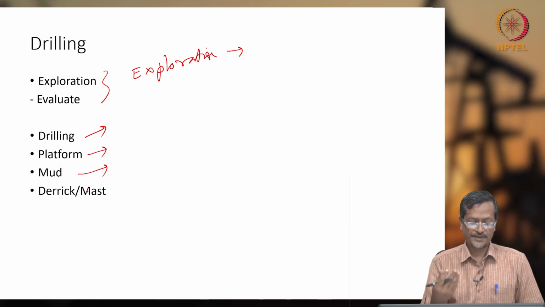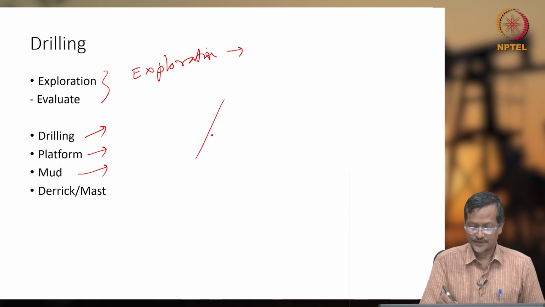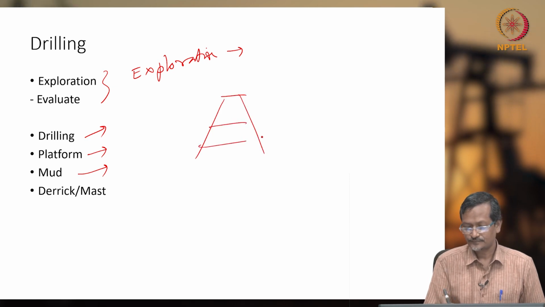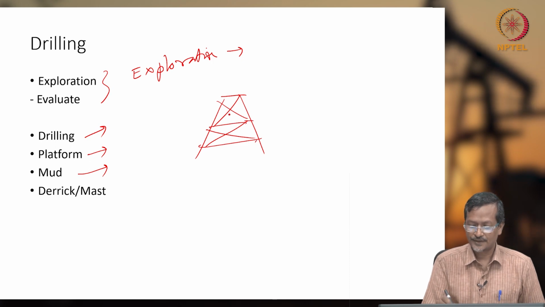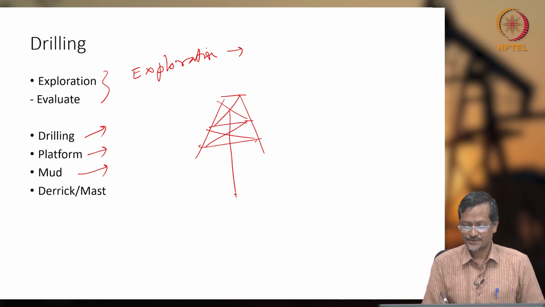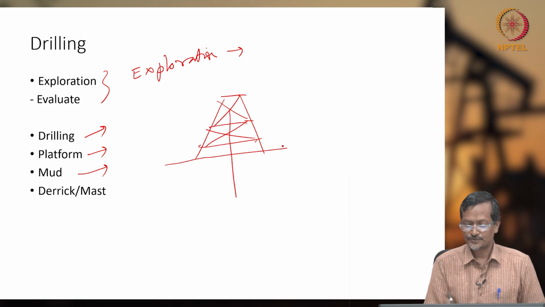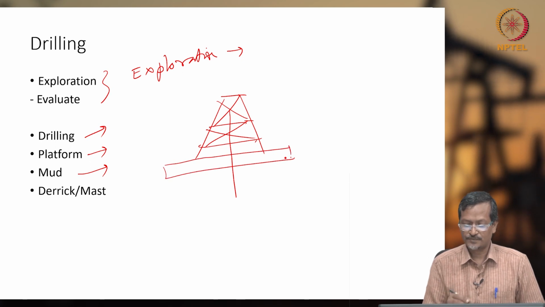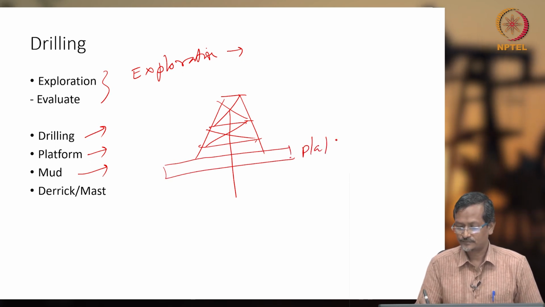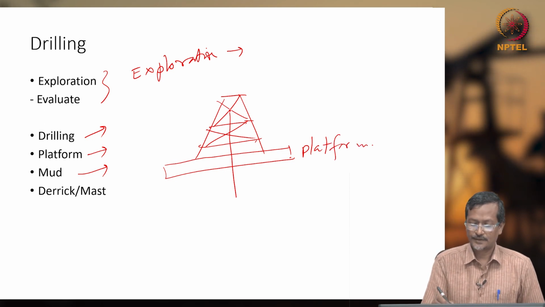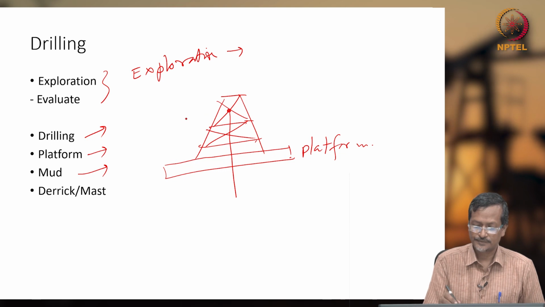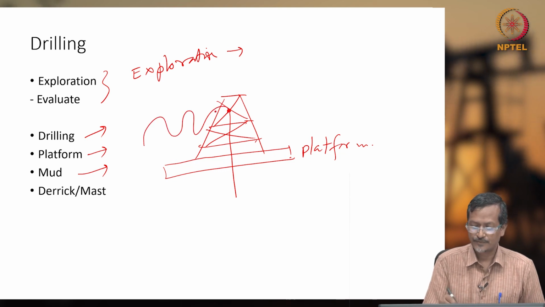Then there will be a derrick or mast. For example, it is like this. All the drilling operation will be done from this mast only, and it will be on a small platform. Over the platform, this is the platform, there will be one pipe connected.